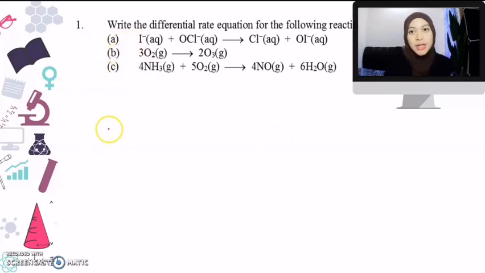As I already discussed in the video, to write the differential equation, first you must include the word rate, because the term rate of the equation relates each component in the equation. So you look at the equation; first, you have to consider the coefficients. This is 1, this is 1, this is 1, this is also 1.